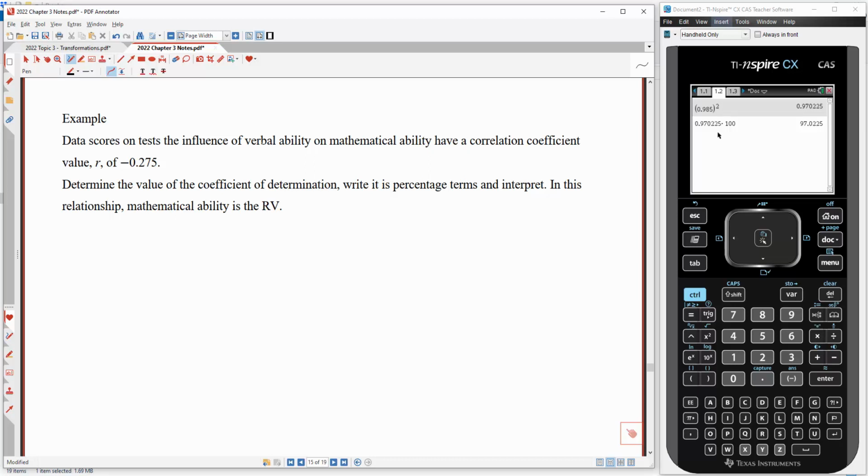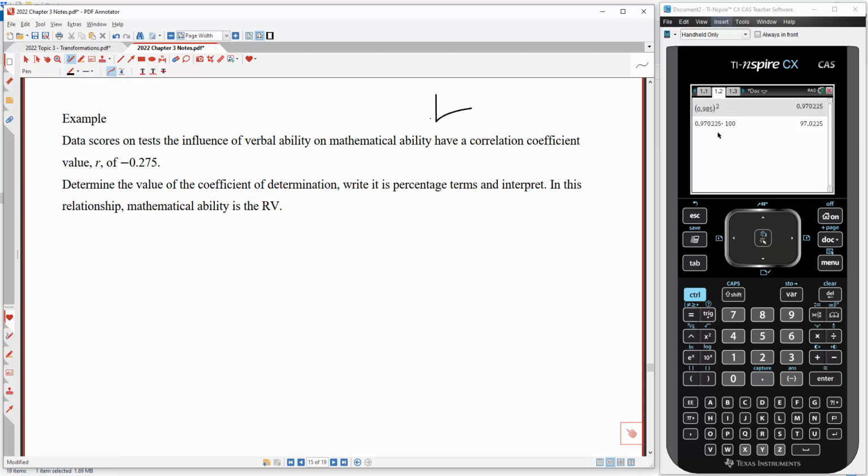Anyway, what we're doing is looking at the influence of verbal ability on mathematical ability. They have a correlation coefficient of R equals negative 0.275.